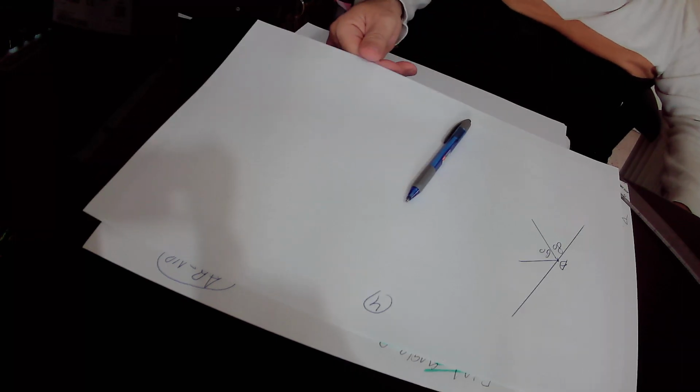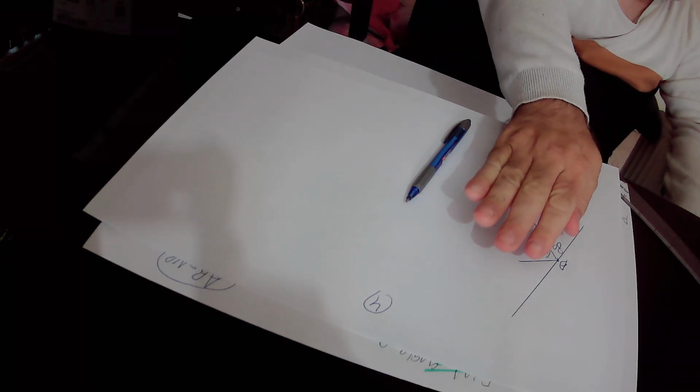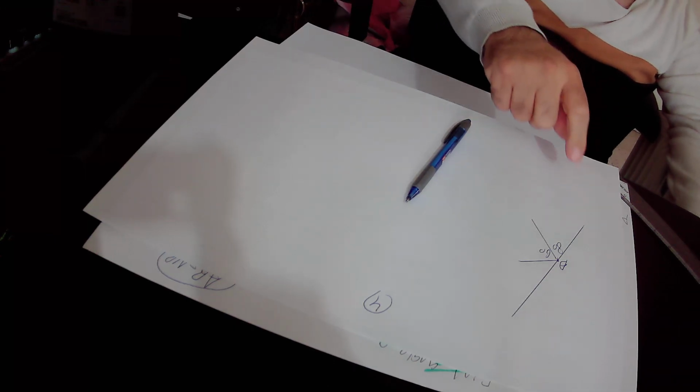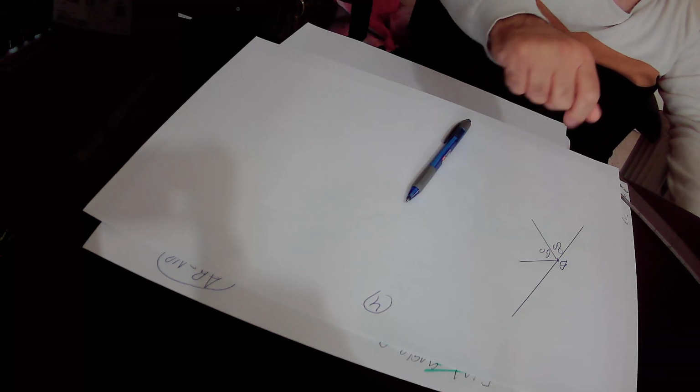And we have the rule that the sum of the angles on one side of a straight line is equal to 180 degrees. So the sum of the angles on this side of the straight line CA at point D must be equal to 180 degrees. 80 plus 60 is 140.